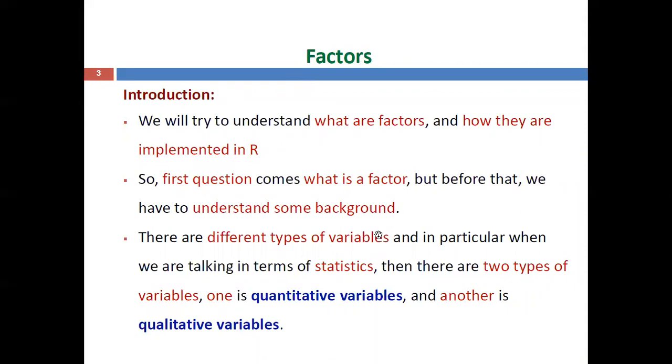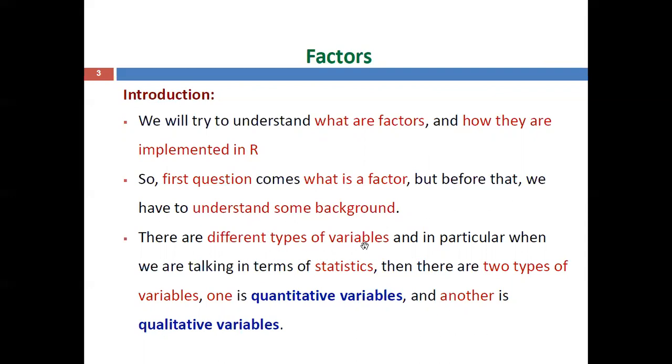Then coming to the introduction, before discussing factors, first some prerequisite information we need to know. We will try to understand what factors are and how they are implemented in R. So the first question comes, what is a factor? But before that, we have to understand some background.